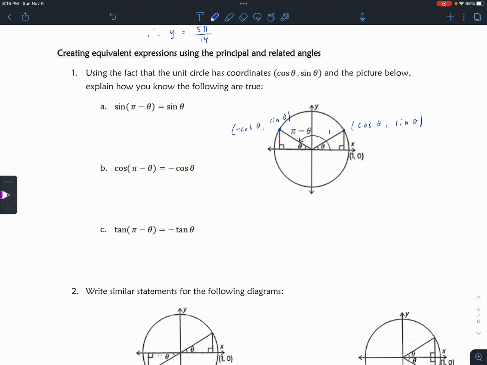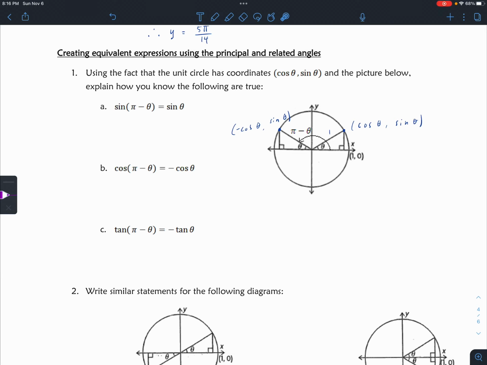So we have that. What we can see from that is that sine of pi minus theta, which is being shown there in that diagram, would be equivalent to just sine theta. We can see that here we have positive sine theta, and also here we have positive sine theta, because sine is positive in the first quadrant and in the second, right?